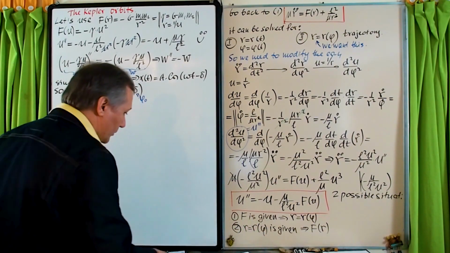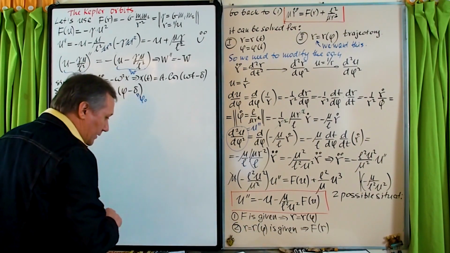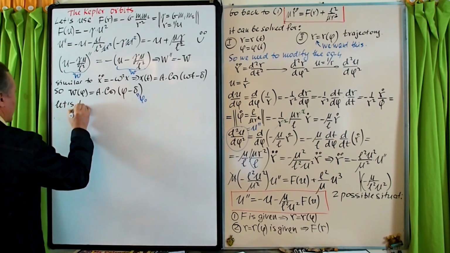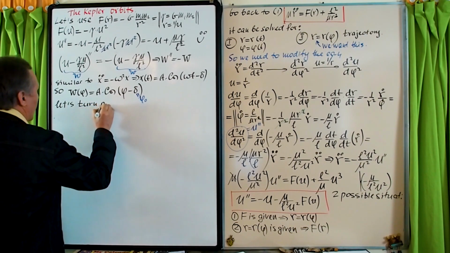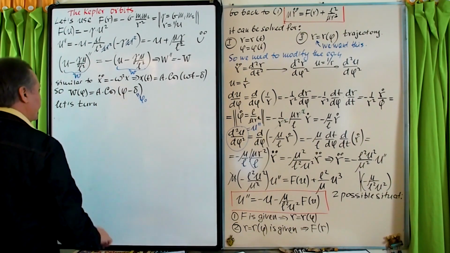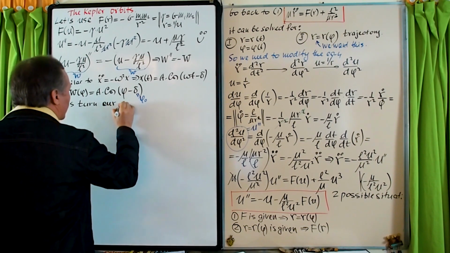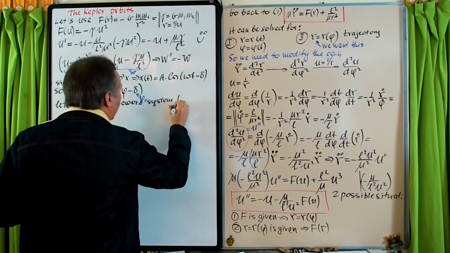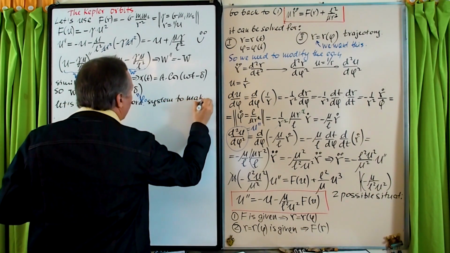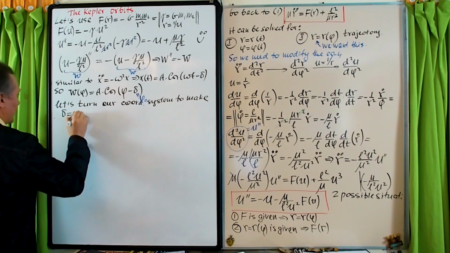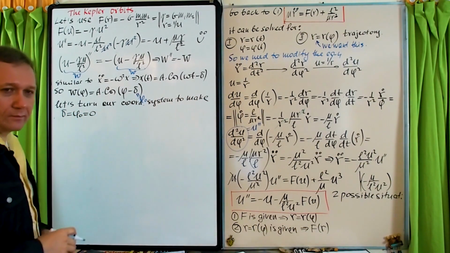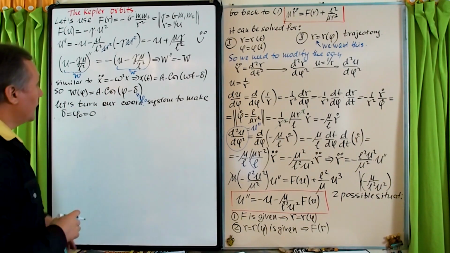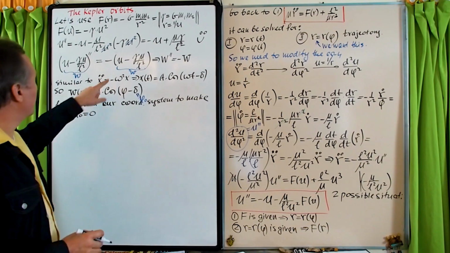So let's turn our coordinate system to make delta, which is actually phi naught, 0. As a result, we will have just A cosine phi. Right? And now after this, we can go back to u.